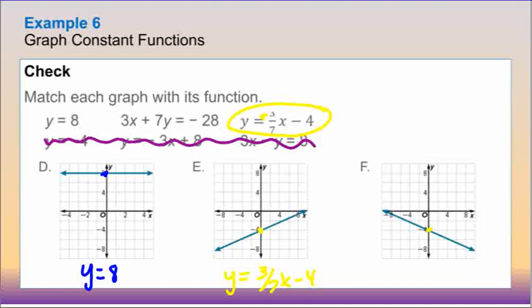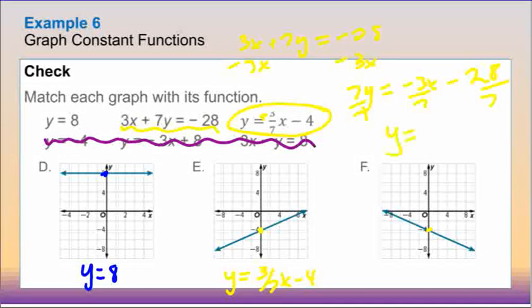If I were to simplify this one, 3x plus 7y equals -28, I would subtract 3x, and I have 7y equaling -3x minus 28. Divide by 7. I would have y equals -3/7 x minus 4. So this one would have to be 3x plus 7y equals -28.